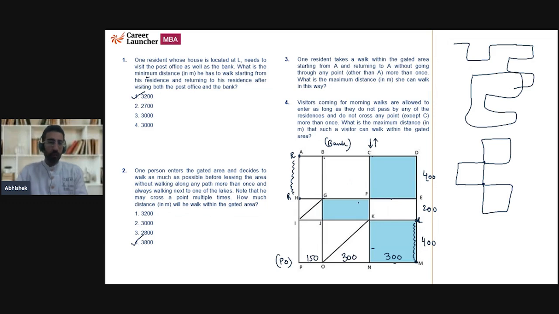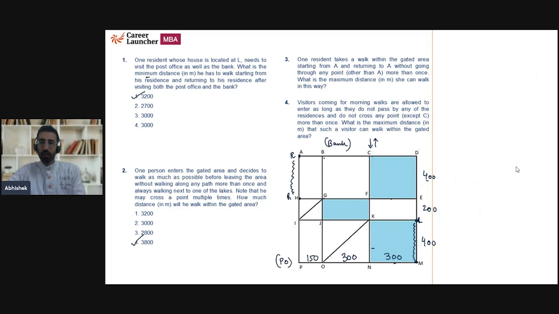What if you're trying to maximize distance? If you're trying to maximize the distance, you should make sure that you walk along the paths of higher length, the greater distances, the 400s. If you have to skip a 200, it's okay. Try to avoid skipping a 300 for a 200.